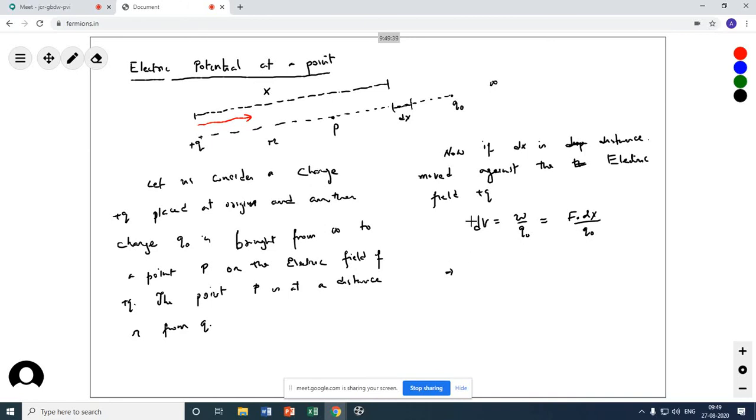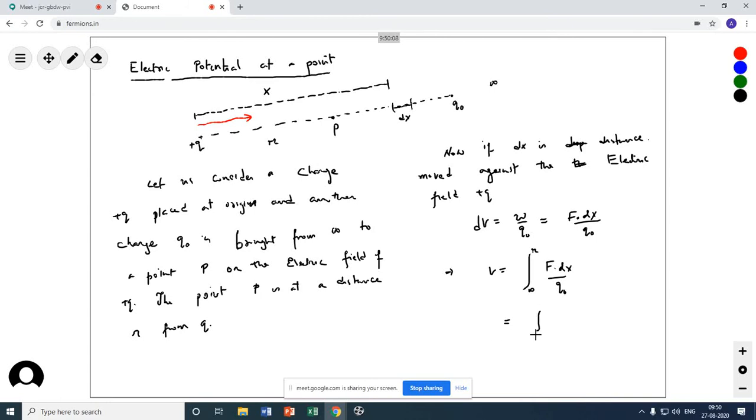Now for the total potential at a particular point P, we are bringing from where to where? You are bringing from infinity to P. So potential V will be how much? I can write this as, you are bringing the charge from infinity and placing it at a distance r. So this would be the integral of F dx by q naught. So F is, what do I know?